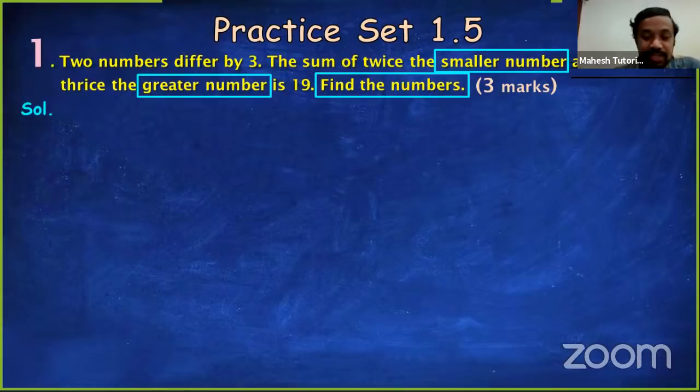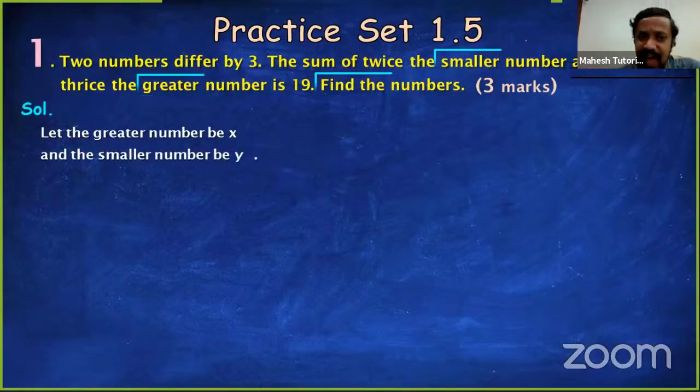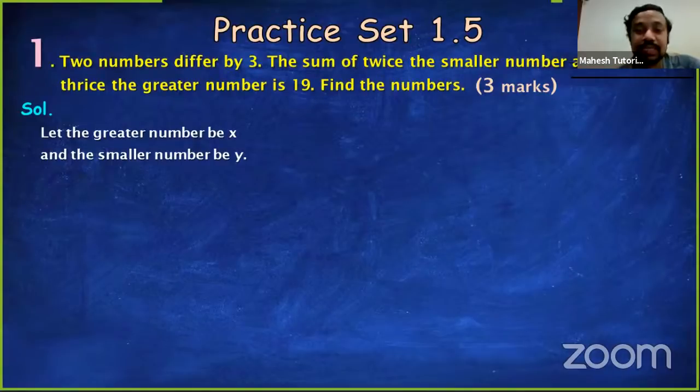So what we will do in the first step is we'll assume the greater number as x and the smaller number as y. So now, as per my assumption, the two numbers which the question is asking us to find, that is the greater number and the smaller number, we have assumed the greater number as x and the smaller number as y.